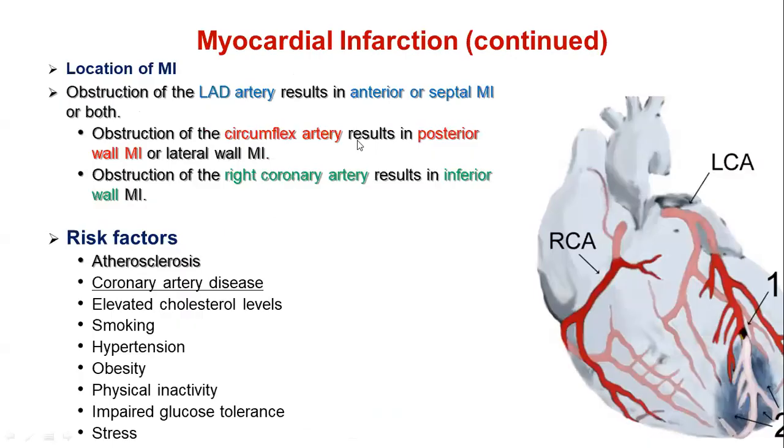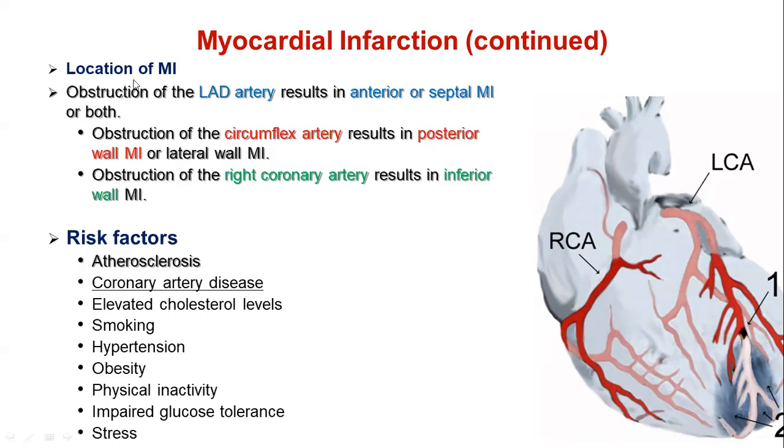Now go a little bit here. According to the location, the infarction name also changes. Like here, the heart: this is the right atrium, this is the right ventricle, this is the left atrium, left ventricle. Easy way to explain, the right side is supplied by the right coronary artery and the left side mostly by the left coronary arteries.